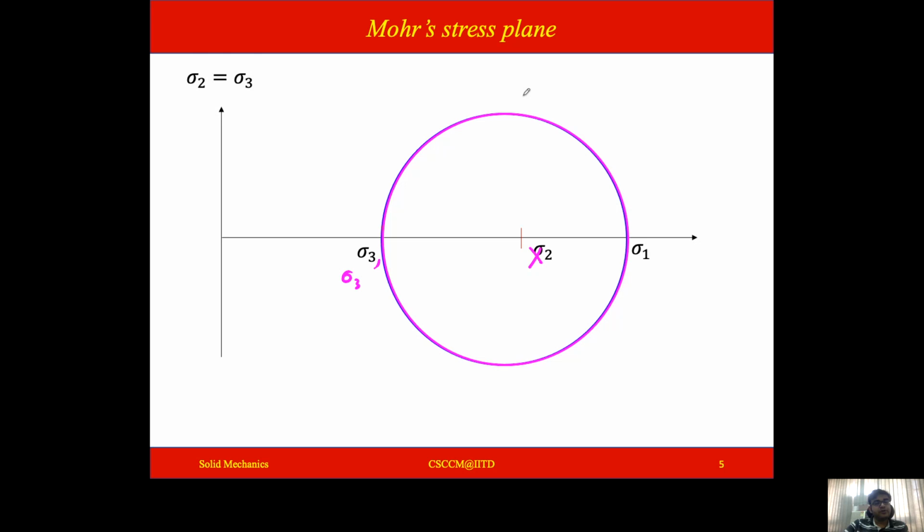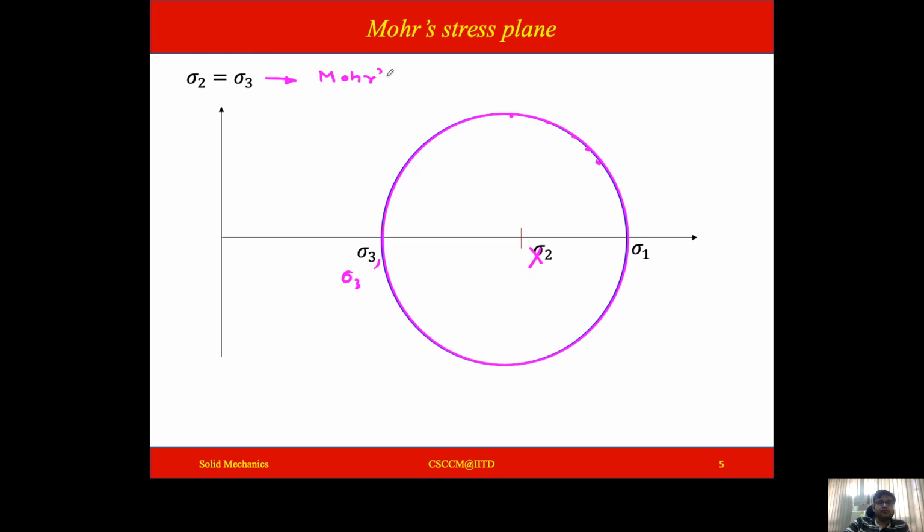And what is now my stress plane? Remember, inside sigma 2, the stresses don't exist. The stresses can exist only inside the bigger circle. But now the bigger circle is coinciding with one of the smaller circles, and in that case, your Mohr stress plane reduces to a Mohr circle.